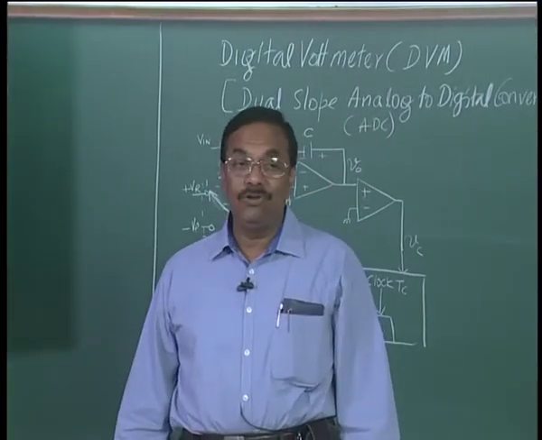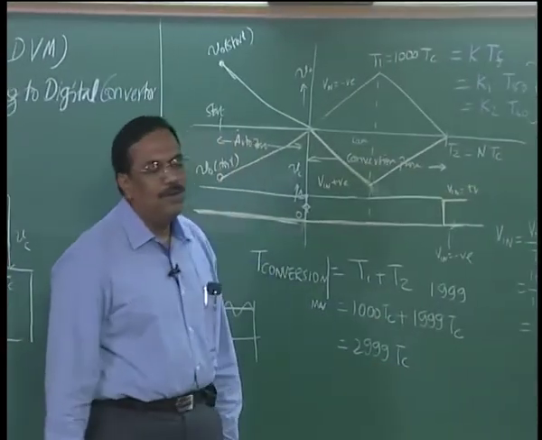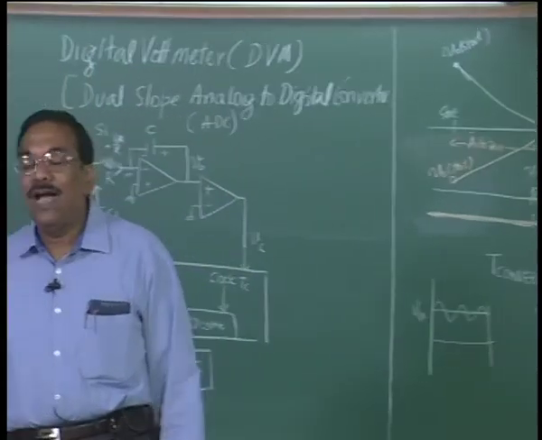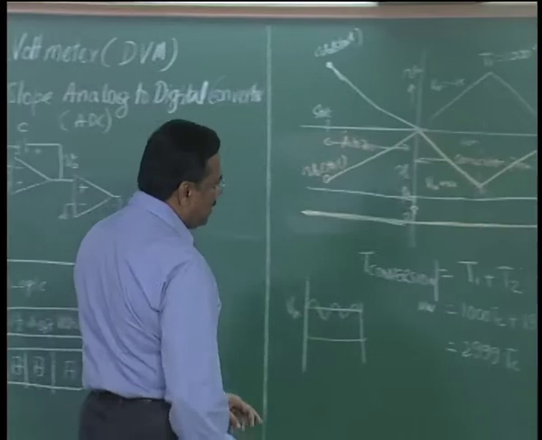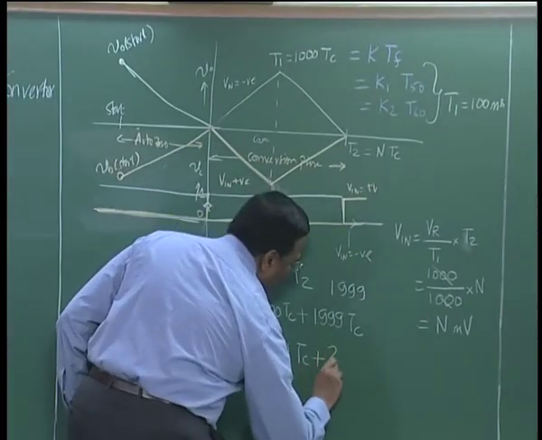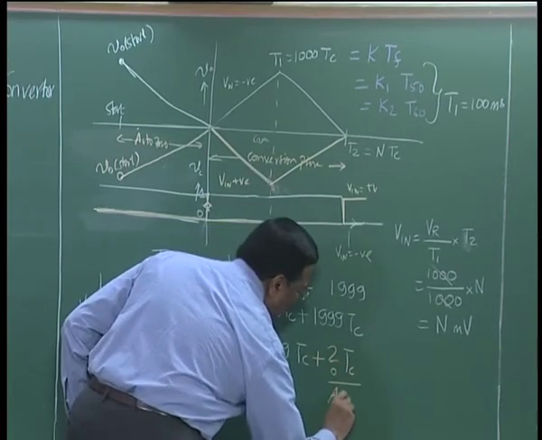So, even though the conversion time is T1 plus T2, if you are doing conversion once in a while, you have to go through auto 0. The total conversion time is not only the conversion time but also some Tc for auto 0.